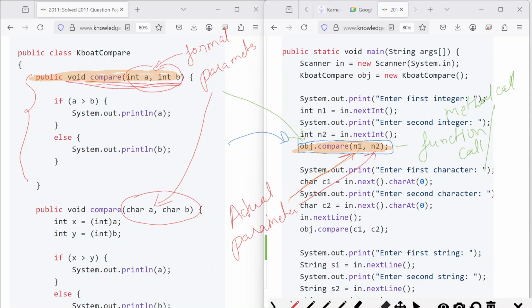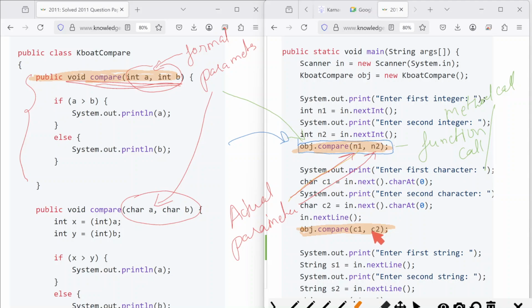Here on the left hand side, we formally announce there will be two integer values, and here on the right hand side we are actually providing those values, so they are called actual parameters.